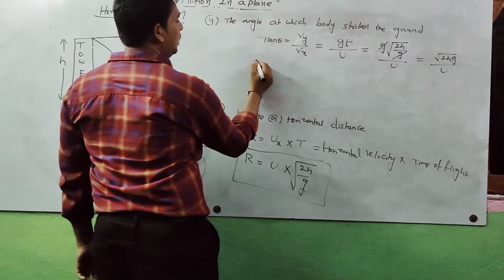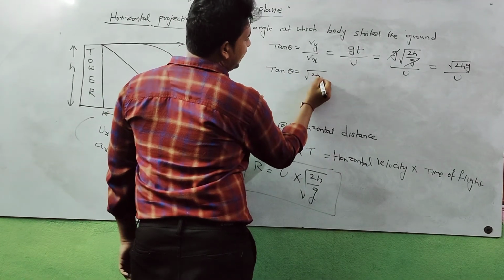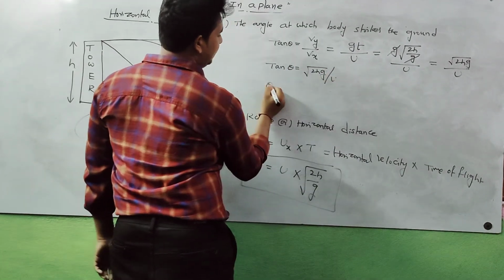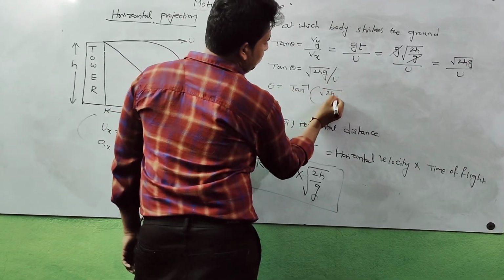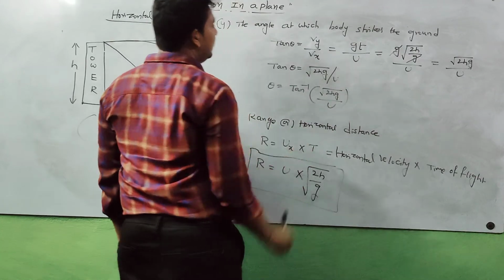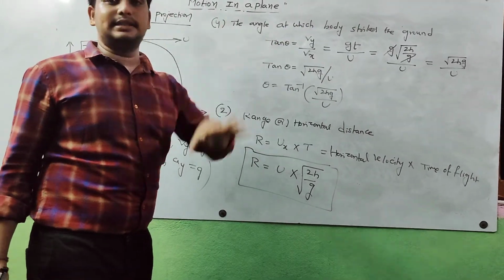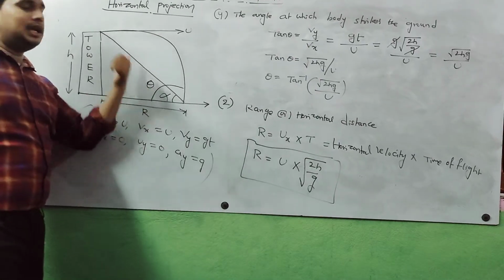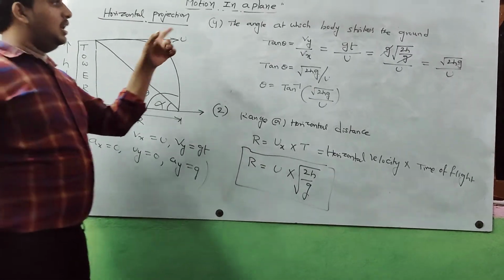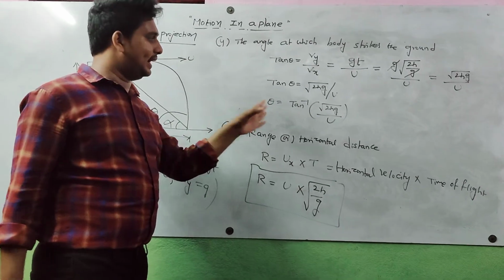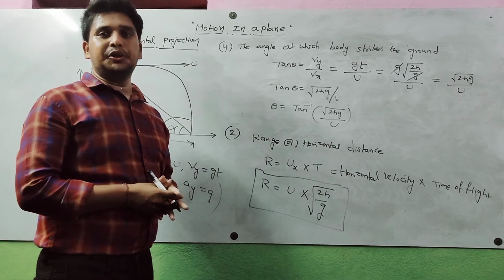So tan theta is equal to root 2hg by u. Here theta is tan inverse of root 2hg by u. Here theta means the angle at which the body strikes the ground.